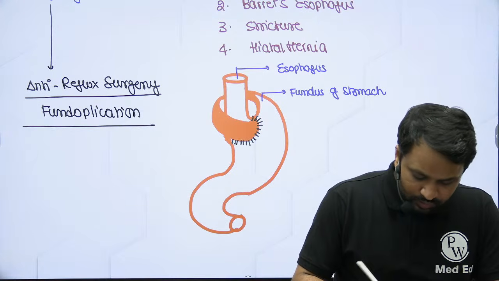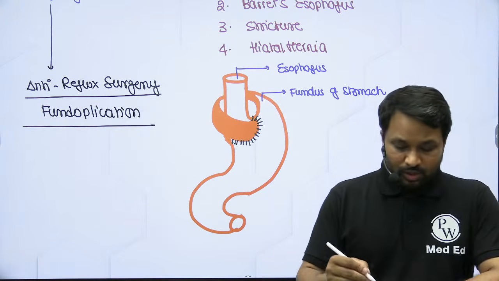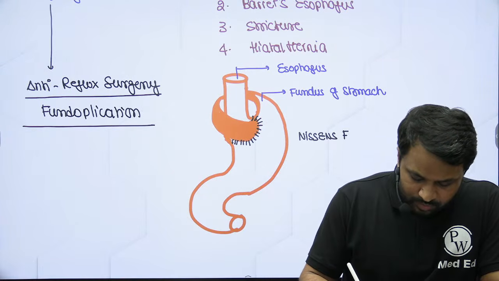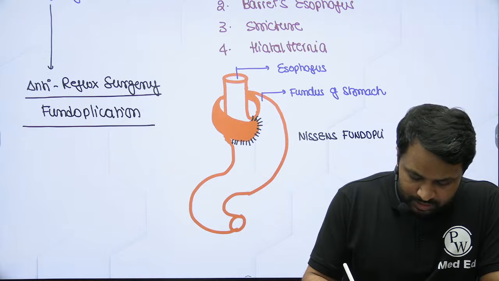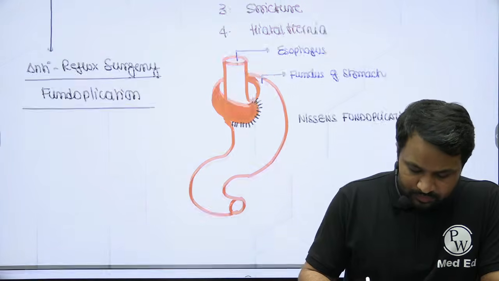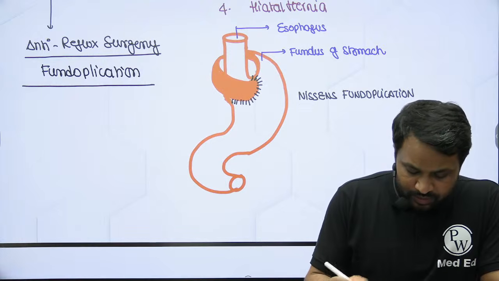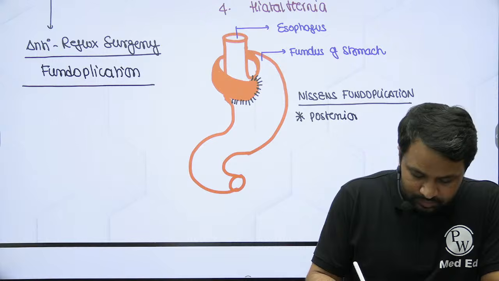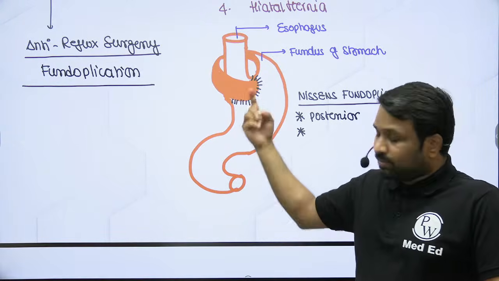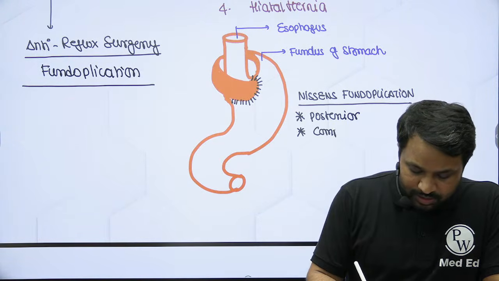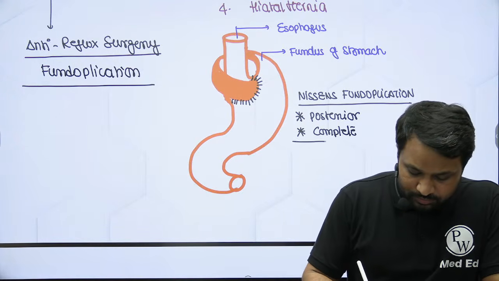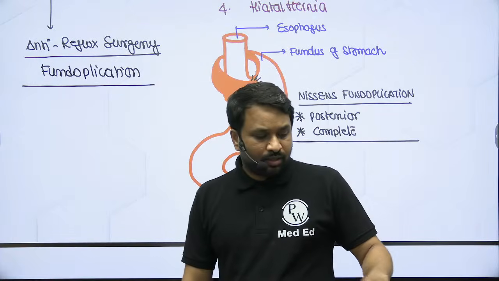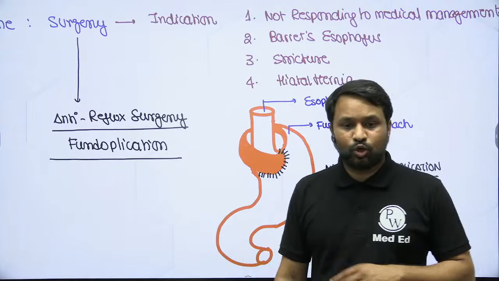I'm going to suture the esophagus to stomach, and this surgery is what we call Nissen's fundoplication. When you look at this, it is going from behind, so it is posterior. It is encircling the entire circle completely, so it is called complete. It is a posterior complete fundoplication. Right? So this is your Nissen's fundoplication.